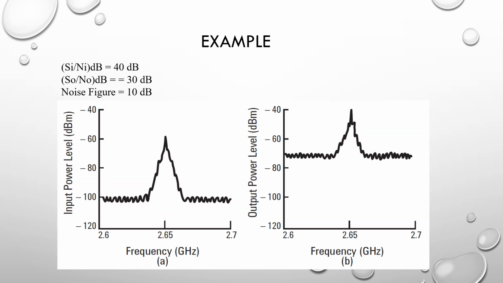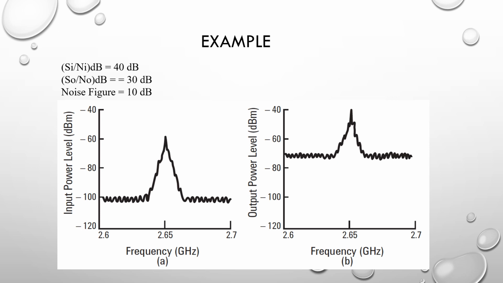The graph shows a perfect illustration of noise figure. This value from the peak to this is the SNR at the input side, and from this peak to this the SNR at the output side.